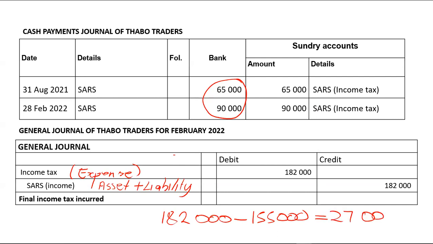So basically, this has reduced our assets by 155,000, which is SARS income tax. And on top of that, it created a liability of 27,000.